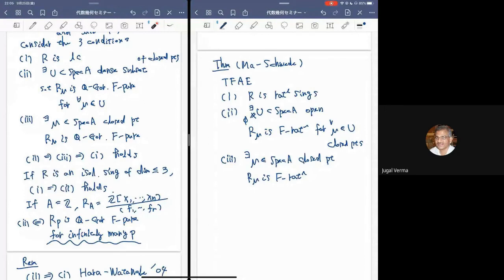So I have one more question. Dale Katkowski, in I think 1990, characterized rational singularities in terms of the product of complete ideals being complete, or the square of a complete ideal being complete.